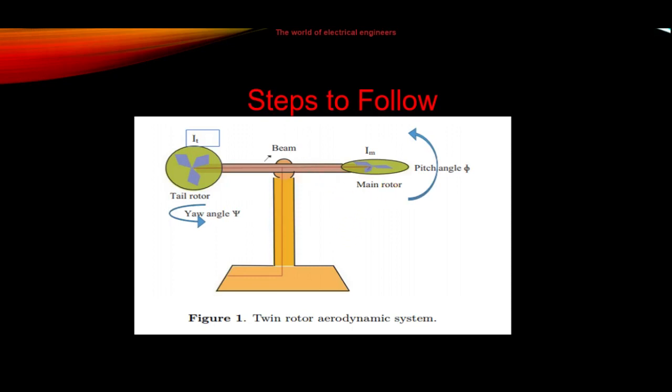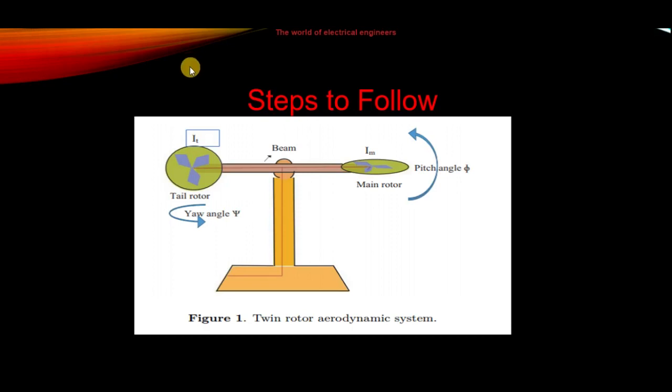It is generally used in the research labs for testing the effectiveness and performance of controllers that are designed for helicopters and vertical takeoff rotor crafts. This system consists of two motors called main rotor and tail rotor.